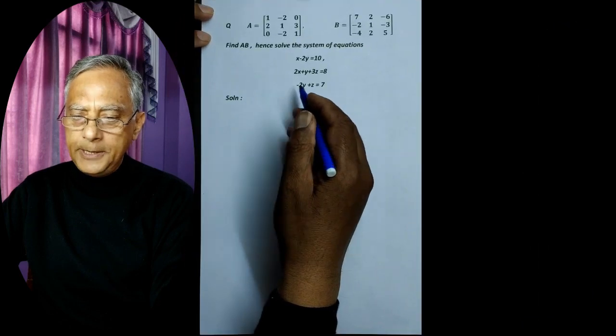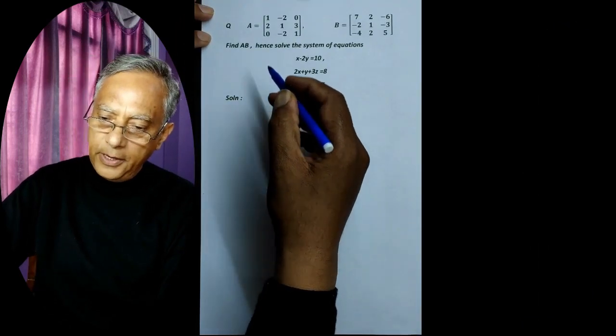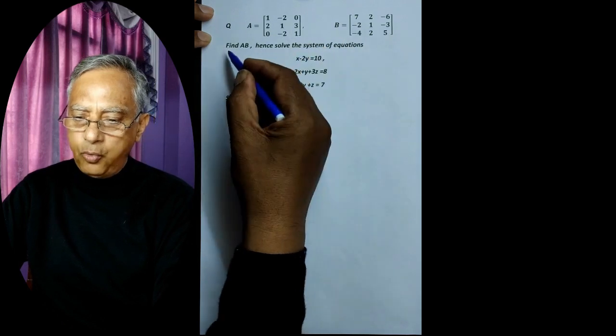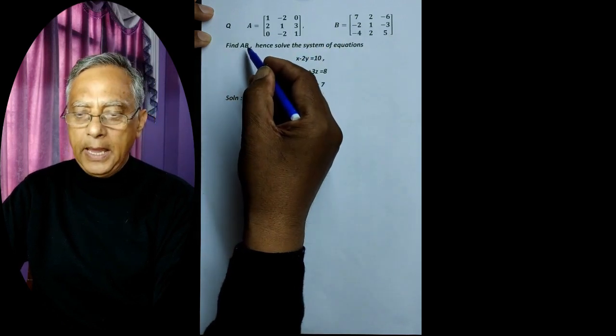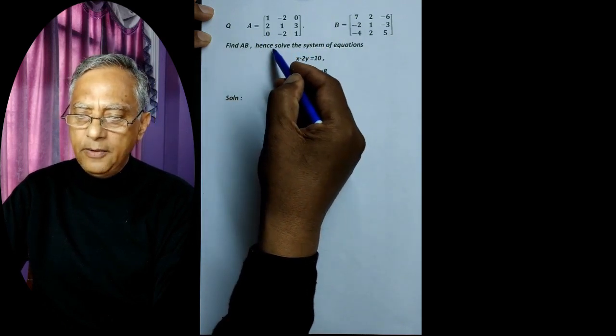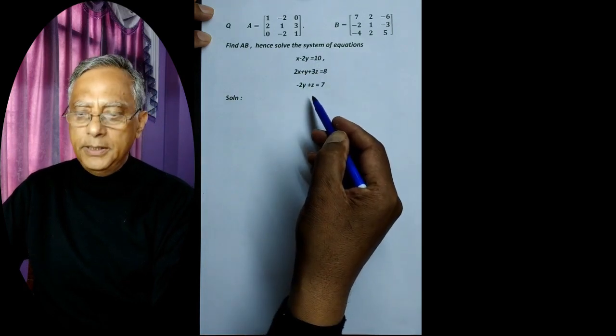Now next, we are given two matrices. We have to find AB, and using this, we have to solve this system of equations.